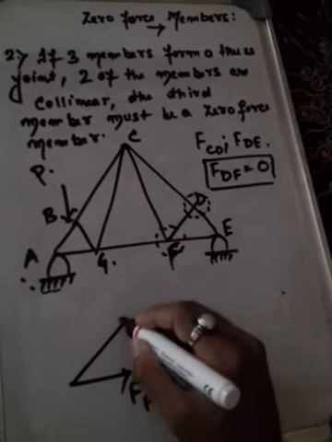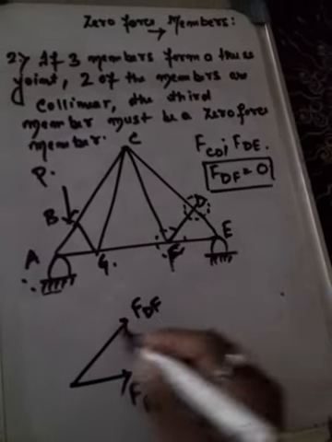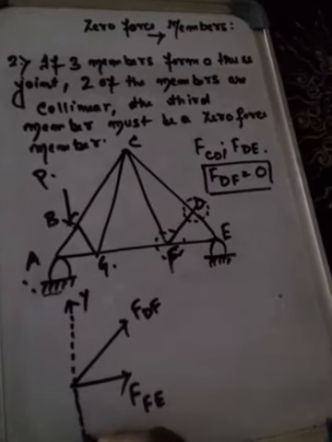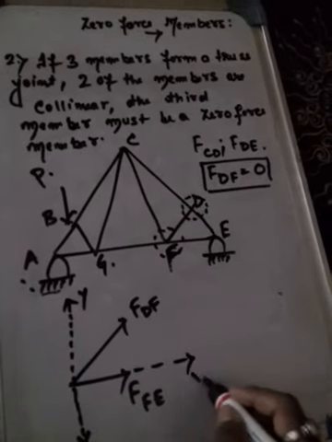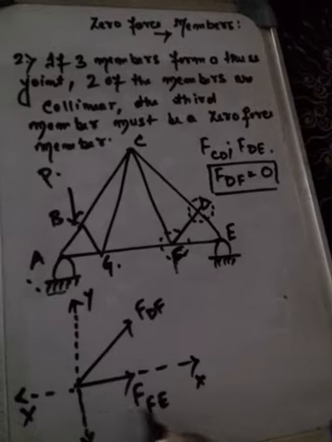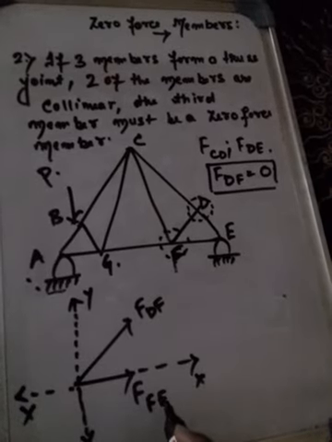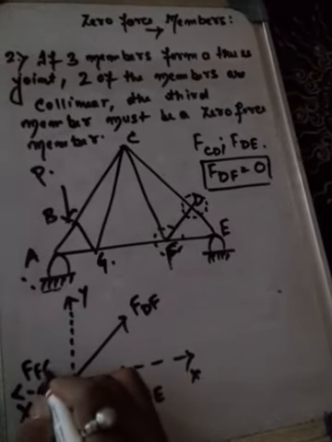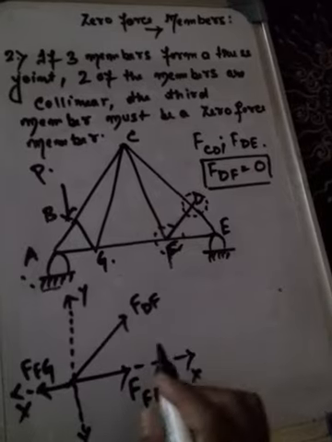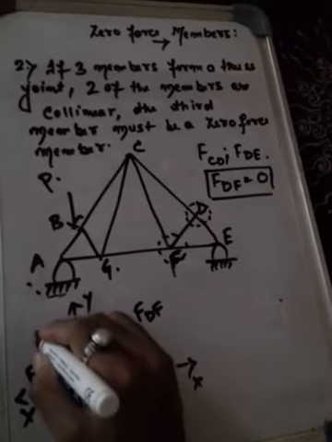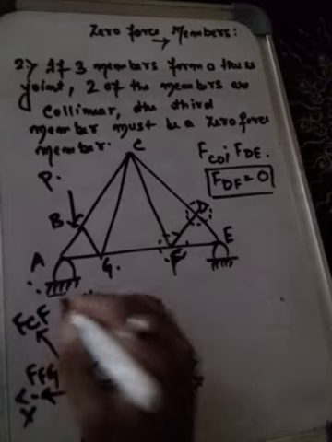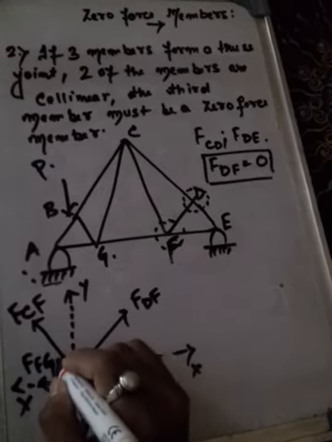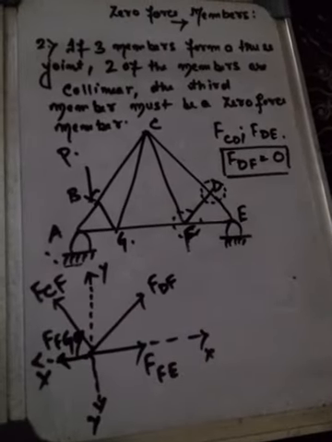Now this is your FDF. This is the y axis, and this is the x axis. In this direction you will have FG, and one more is FCF, right? Let us take this angle as theta.